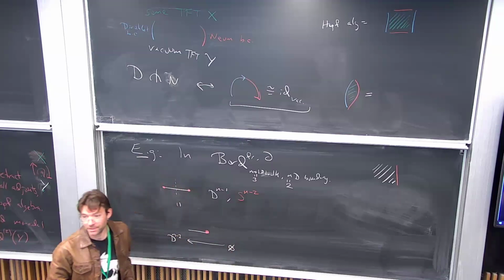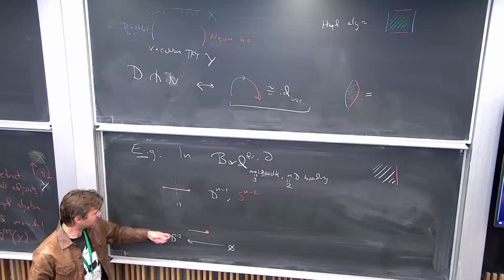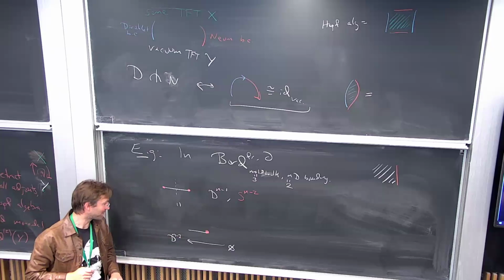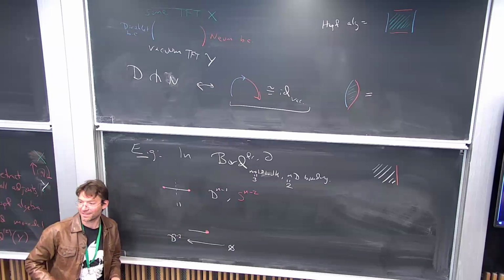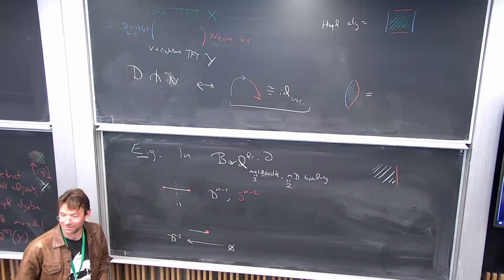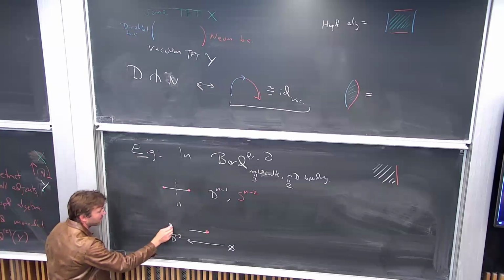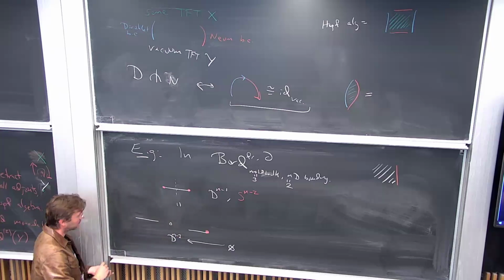In this case, the d-2 disk, we're looking at it edge on, so you can't see the fact that it has an n-3 dimensional sphere as its boundary, and composed with another bordism back to.